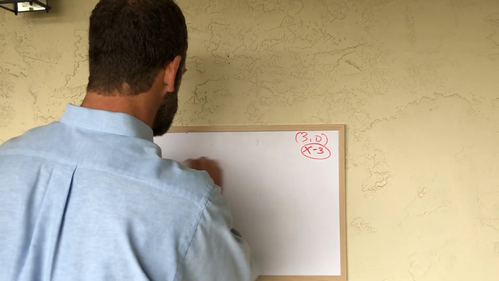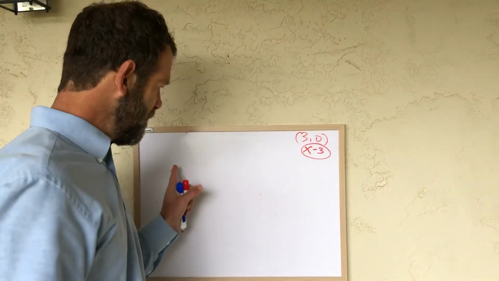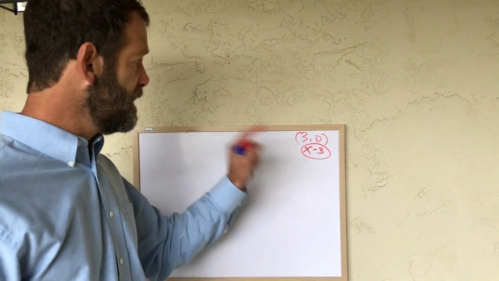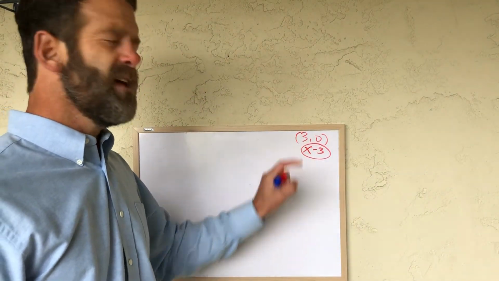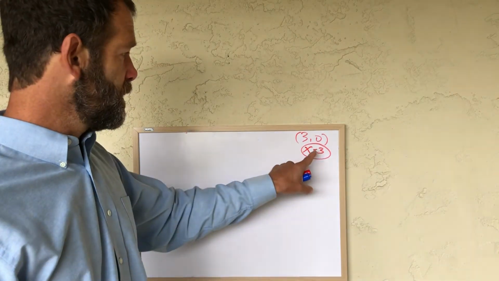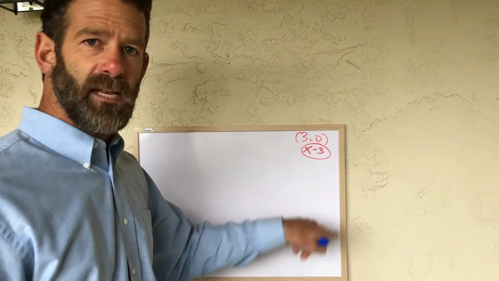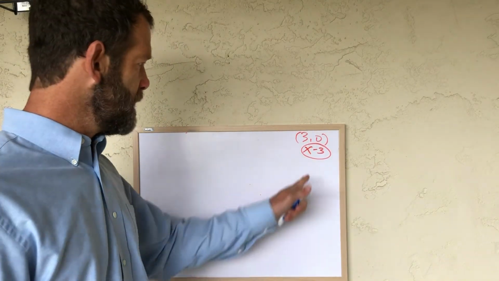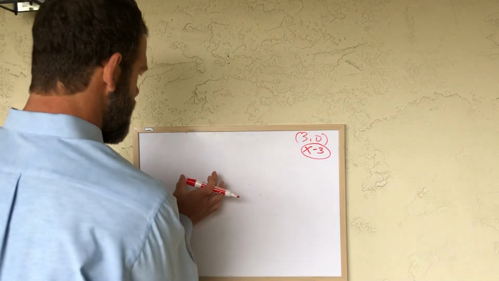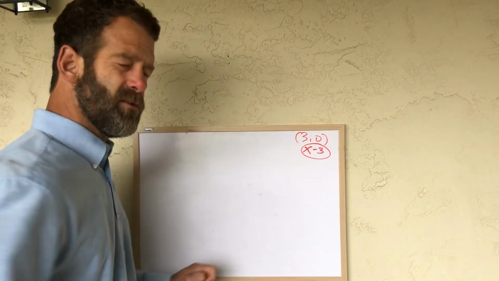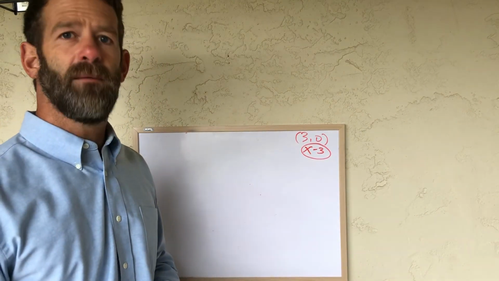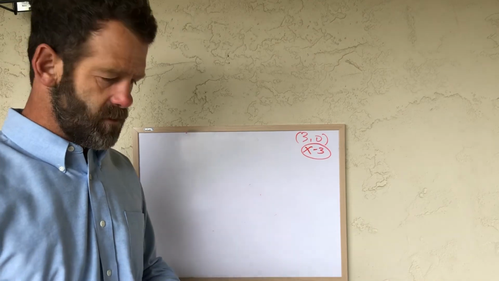Remember I told you they gave you that big polynomial, and I said one of the roots is 3. Factor it. Well, your answer would be x minus 3 times your answer that I just had right here. X minus 3 times that binomial times that trinomial. That is that big polynomial factored.